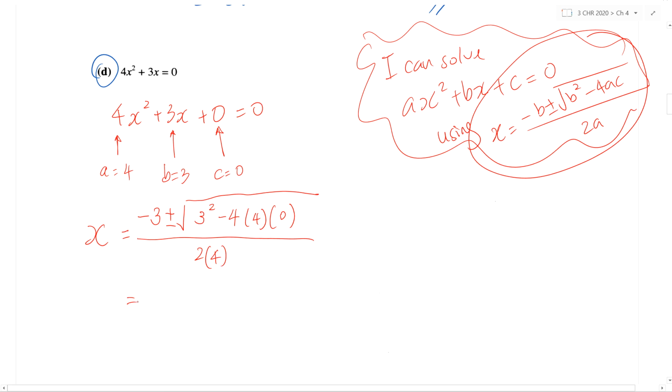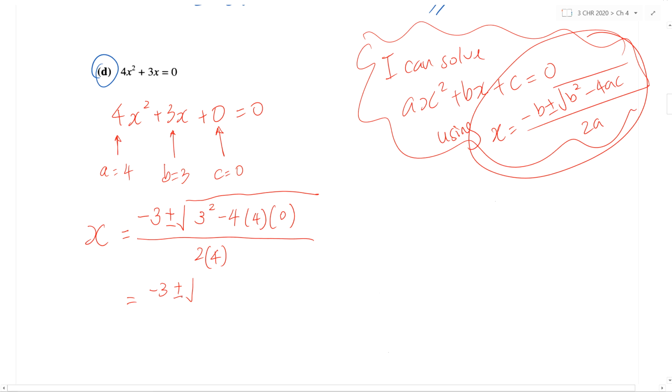Now we simplify whatever is inside the square root. Minus 3 plus minus square root of 3 squared minus 4 times 4 times 0. I know that this whole portion is going to be 0, meaning I'm left with 3 squared, and 3 squared is 9. Then I have to square root it again, and I'm going to get 3.